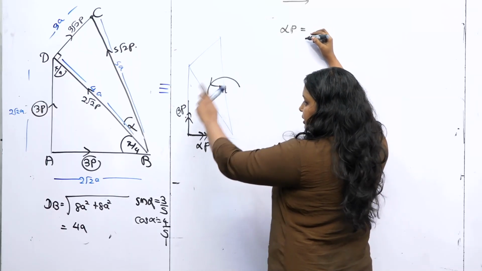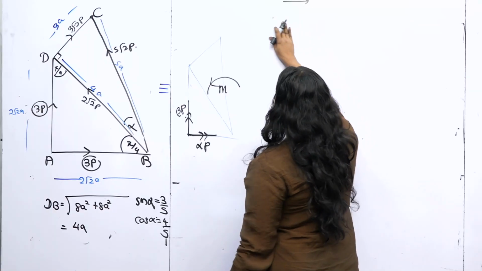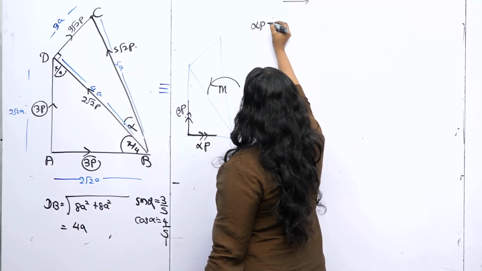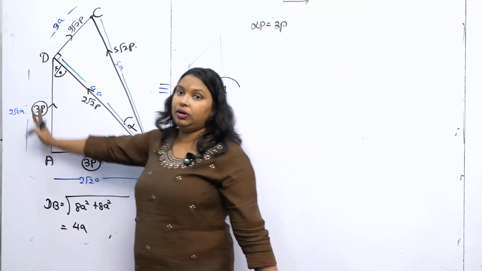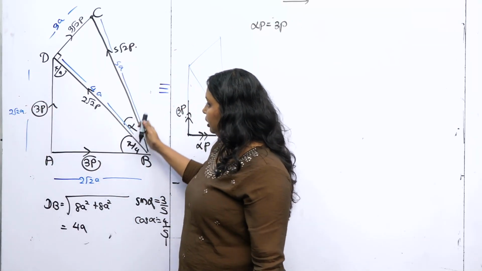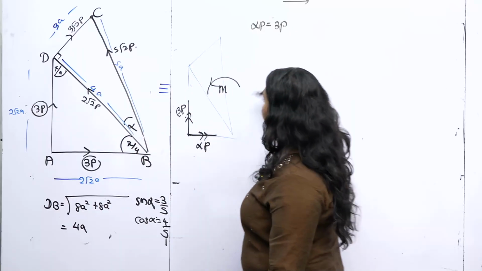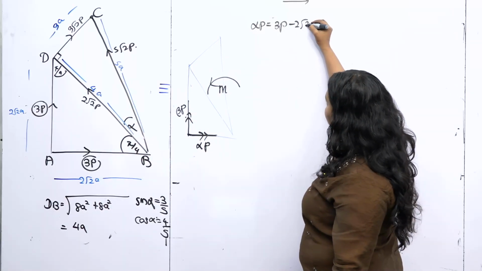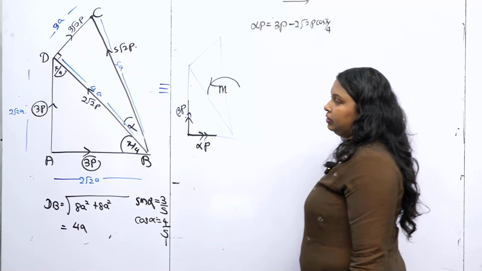in this system. This is the resultant system. Here alpha p equals 3p. We don't get this one, why? It is a vertical force. 2 root 2p cos 5 by 4, minus 2 root 2p cos 5 by 4. What else?